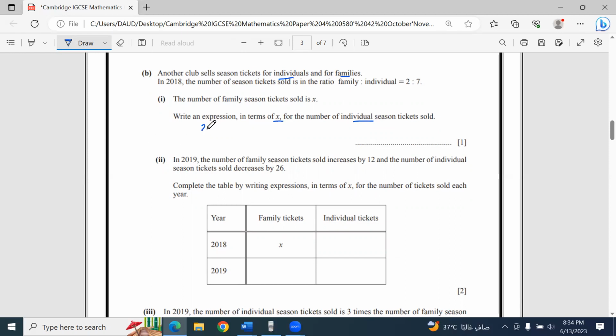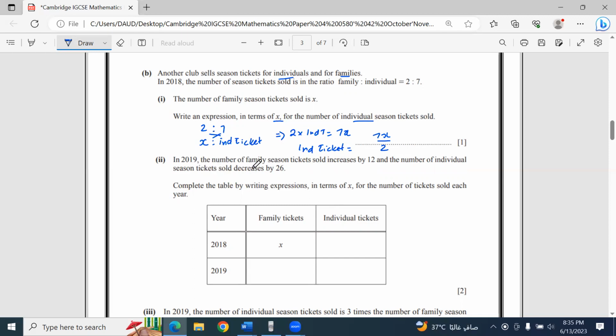Family to individual is 2:7. For family it is x, and for individual we don't know. Cross multiply: 2 multiplied by individual tickets is equal to 7x, so individual tickets equal 7x over 2. This is the answer in terms of x for individual tickets sold.